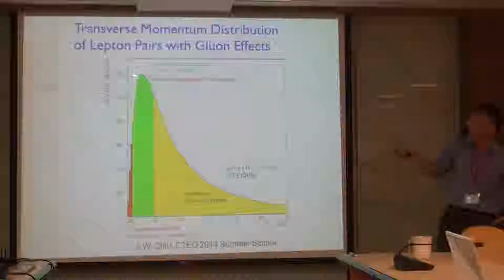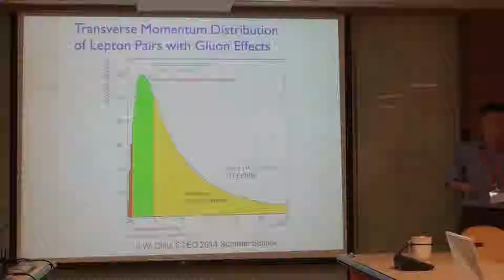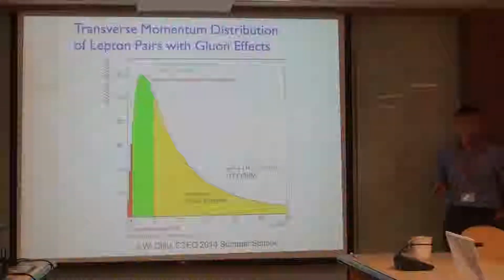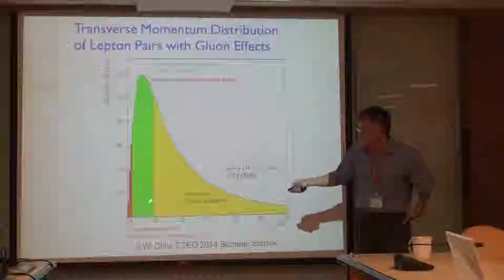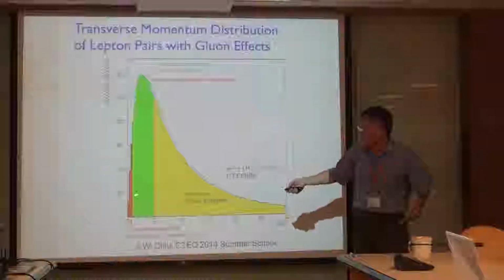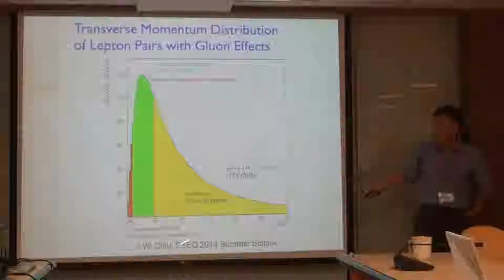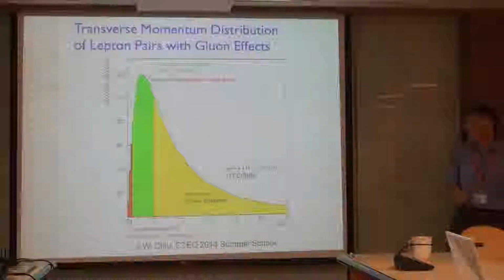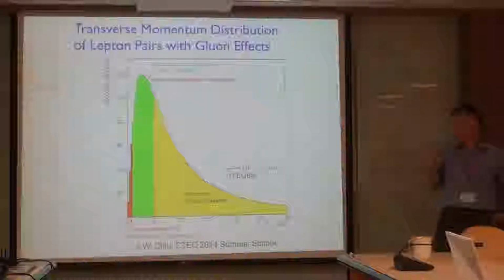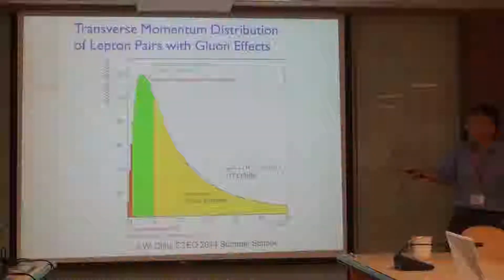But if you go to slightly lower PT, you need a special scheme to resum all of this soft gluon emission. The TMD physics we are talking about is in this very small PT region, where some non-perturbative intrinsic transverse momentum of the parton has to be introduced.